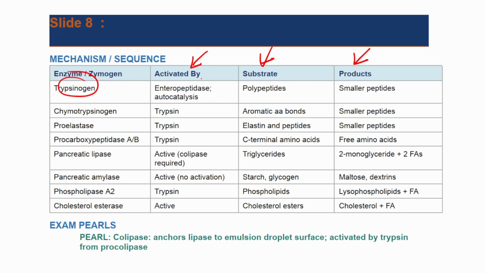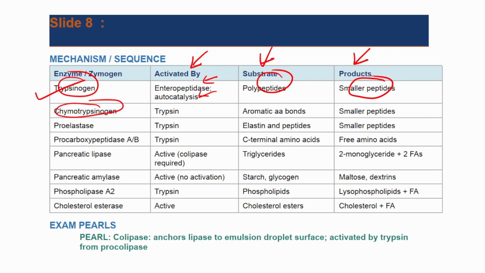The proenzyme trypsinogen is activated by enteropeptidase and accelerated via autocatalysis, targeting polypeptides as its substrate to yield smaller peptides. Once active trypsin is generated, it immediately turns around to activate chymotrypsinogen.